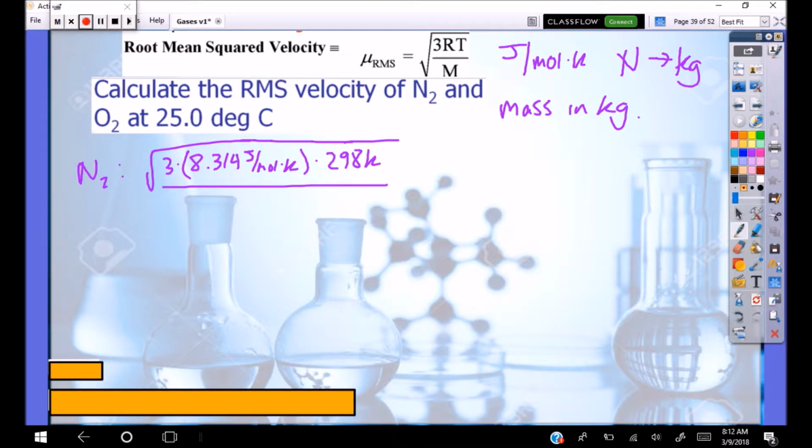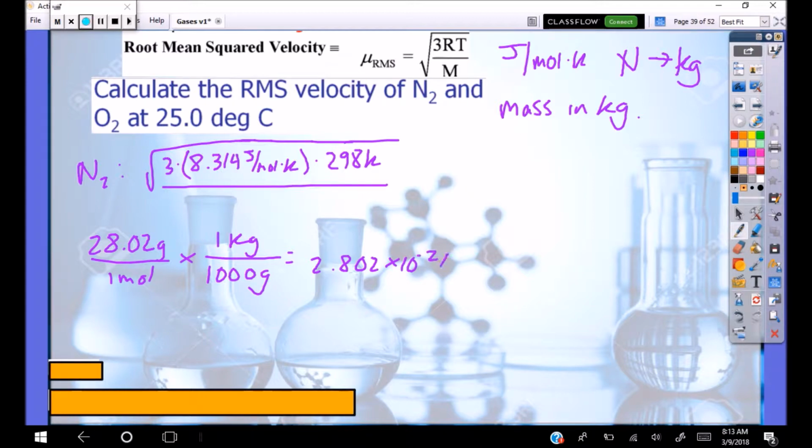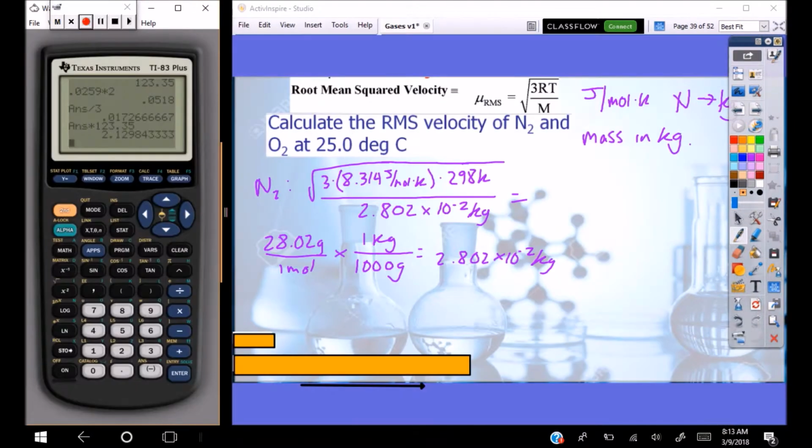We know the mass of N2 is 28.02 grams per mole, and if we divide that by 1,000 grams, we'll get ourselves into kilograms. We're looking at 2.802 times 10 to the negative second kilograms. So we'll plug that in there, and then we can plug that in.